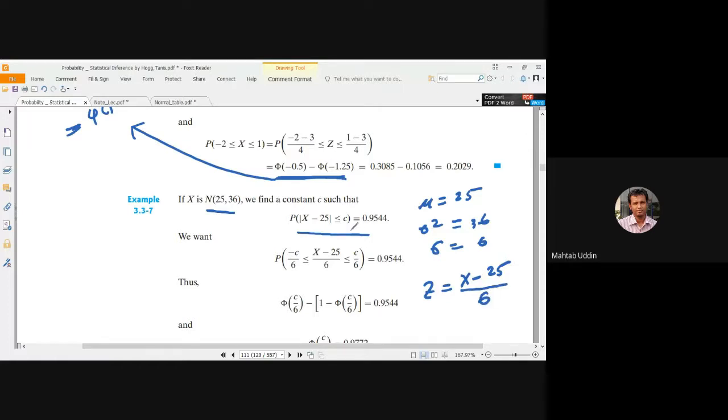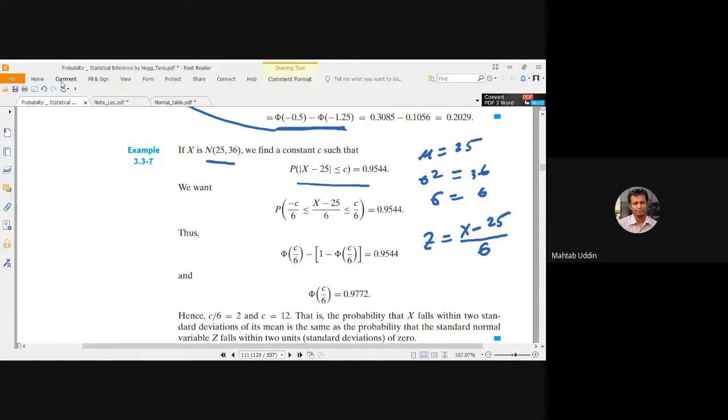Look at this given. This property is this. Some lines actually missing here because we have to write some additional lines within this. First, after this line, you have to write a line here like probability minus c less than equal x minus 25 less than equal c equal to 0.9544.